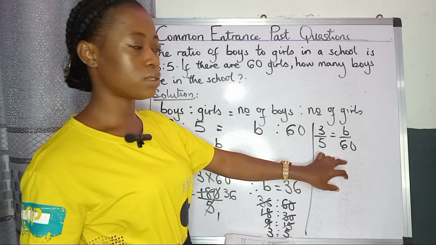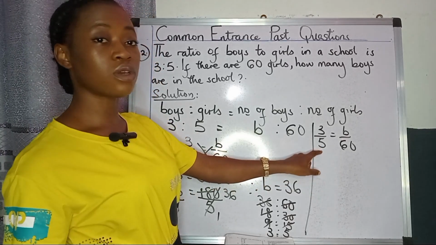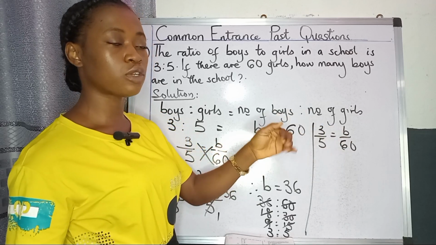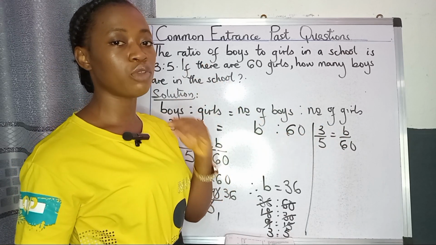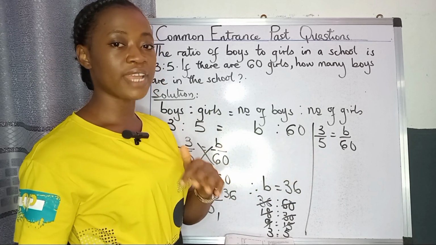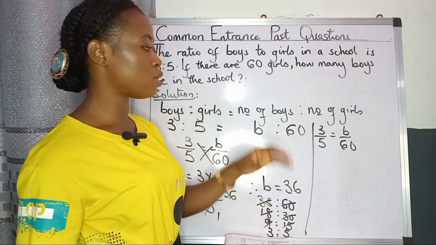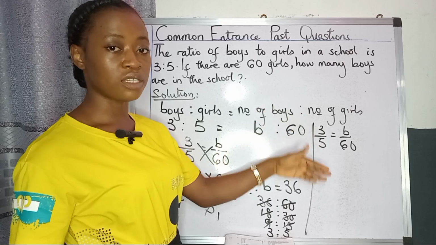What we need to know is what was done to this 5 to get 60. In getting equivalent fractions, whatever you use in multiplying the numerator, use the same number to multiply the denominator. And if you are dividing, whatever number you use in your division at the numerator should also be used at the denominator.